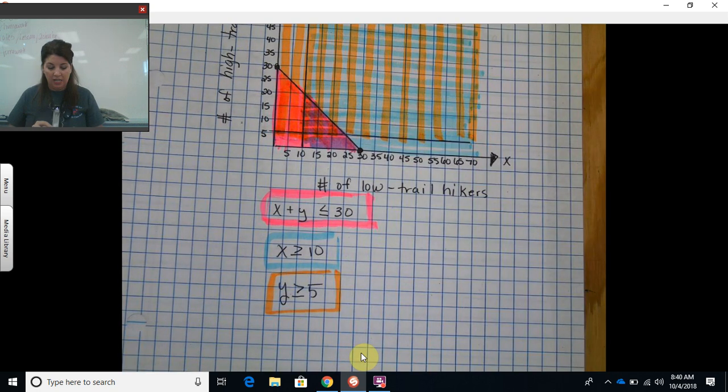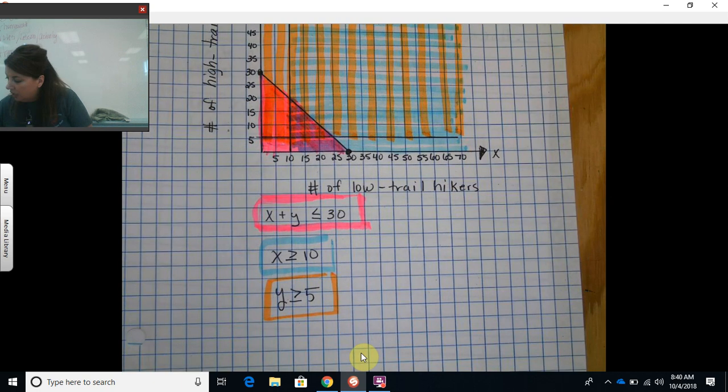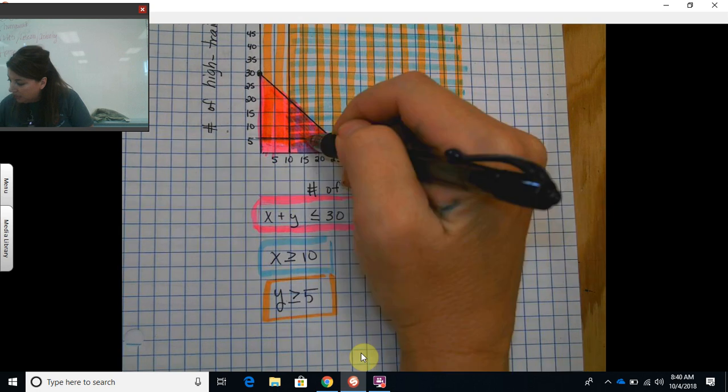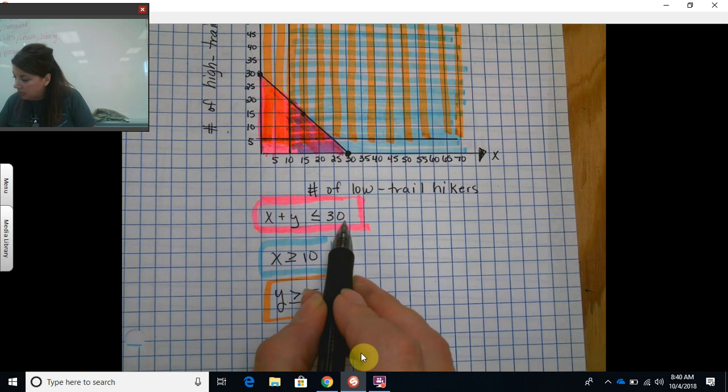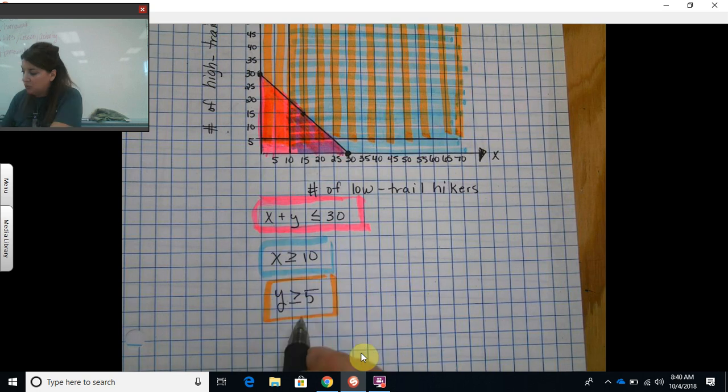Can anybody give me a possible combination of hikers that would make all 3 inequalities true? 15 hikers on the low trail and 15 hikers on the high trail. Would that be less than or equal to 30? Yes. Would that be at least 10 hikers on the low trail and at least 5 hikers on the high trail?